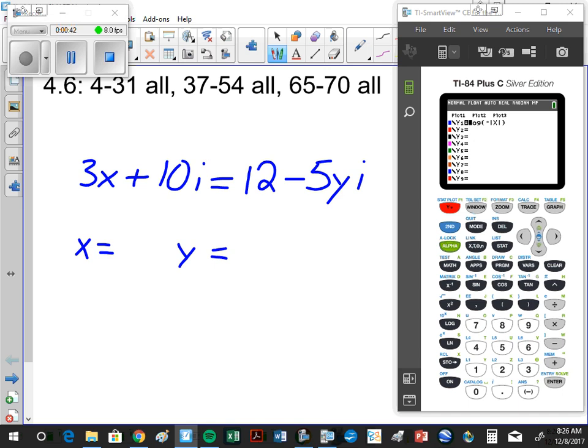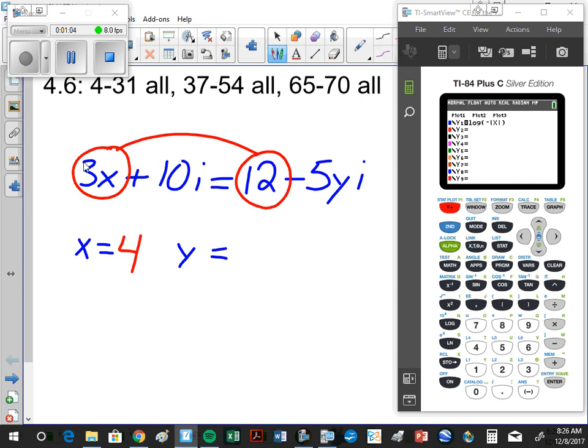So we have a complex number on the left with an x in it, and a complex number on the right with a y in it, and this is equal to this. So what number makes those true? 4. So x would be 4.